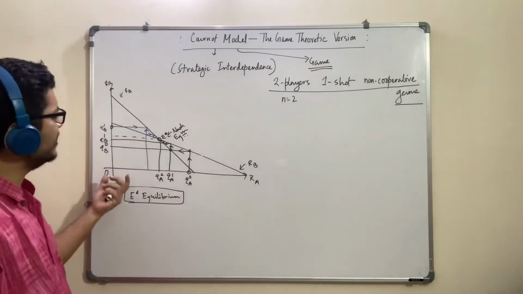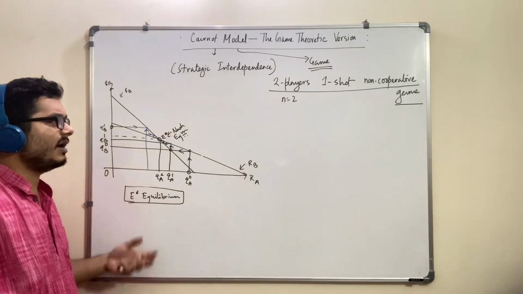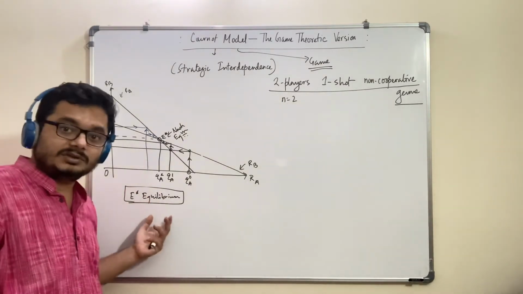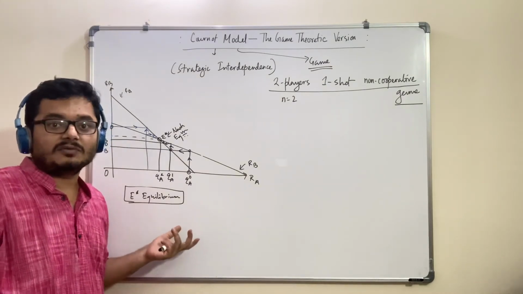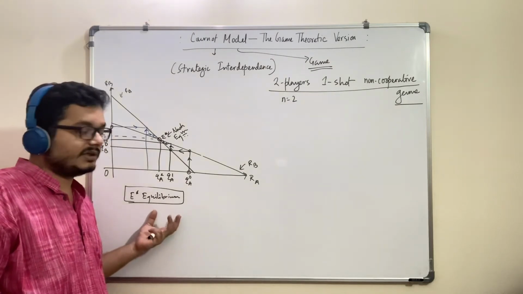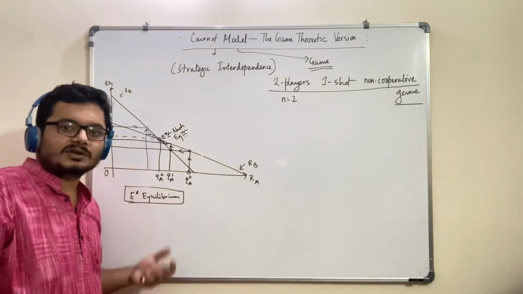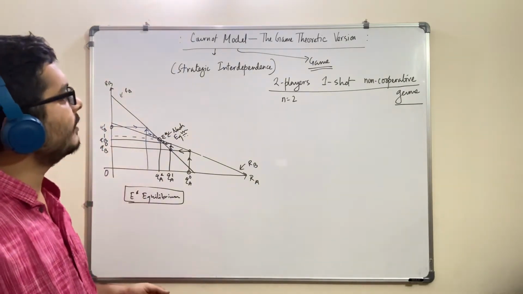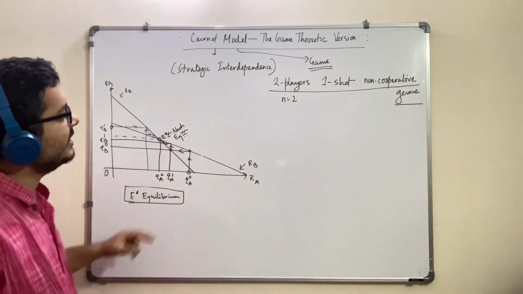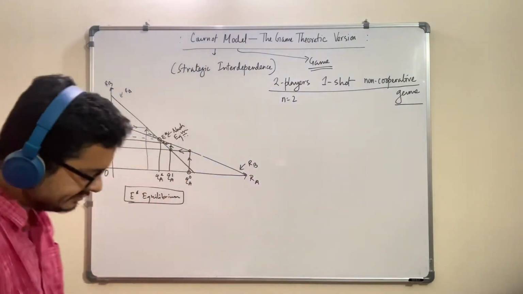Had it been a repeated game, we could ask questions like when can they collude, when will they collude, and what can be the stability condition, that is the strategy, so that in a repeated game they will go for joint profit, and so on. But our basic Cournot model that we discussed in the first class is a two-player, one-shot, non-cooperative game.